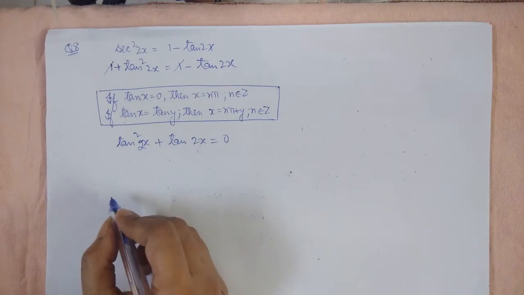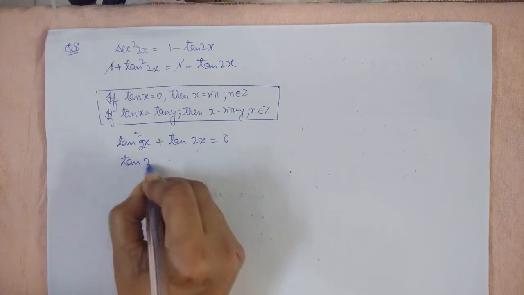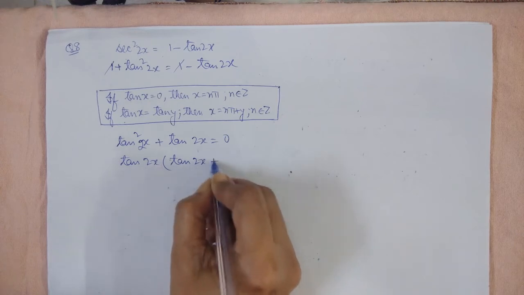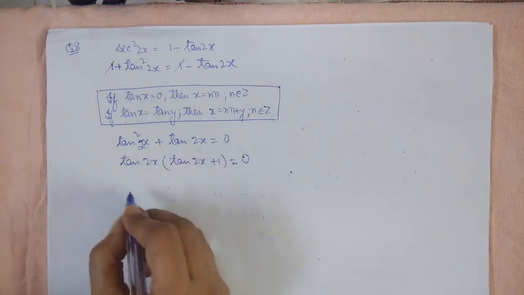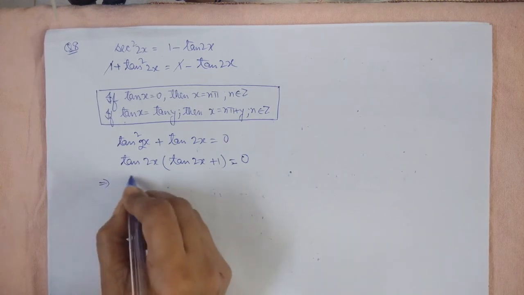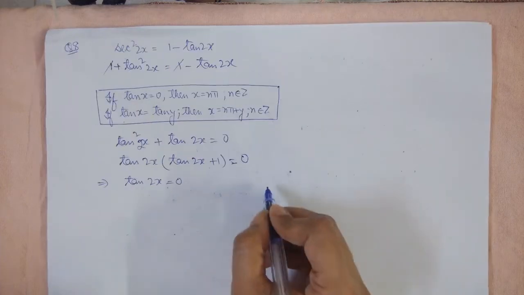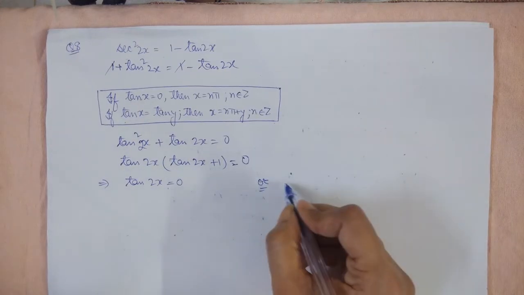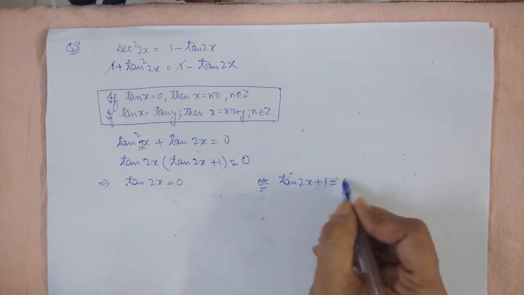So, can you take something common here? We can take tan 2x common. So, inside it will be tan 2x plus 1 equals 0. Again, same concept. This implies tan 2x equals 0 or the other part, tan 2x plus 1 equals 0.